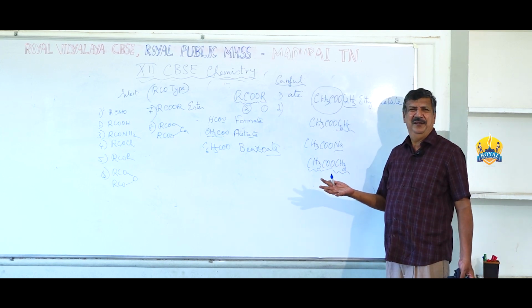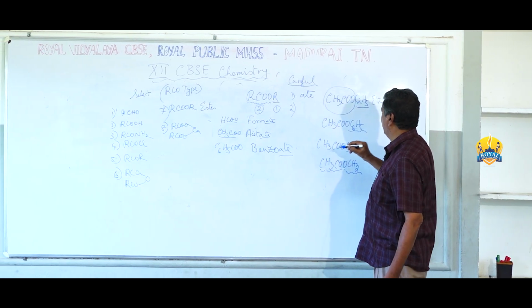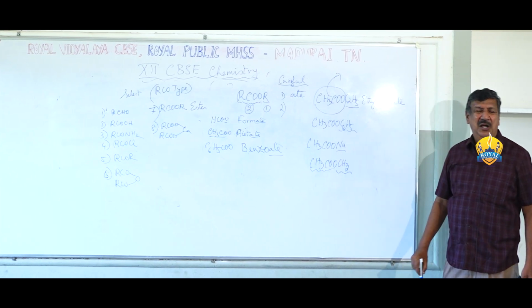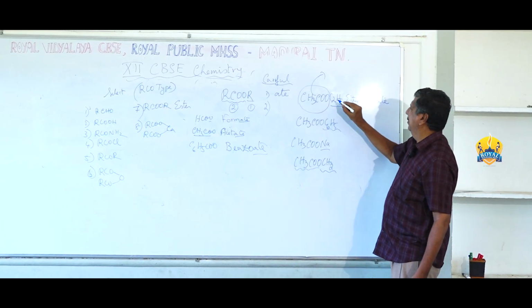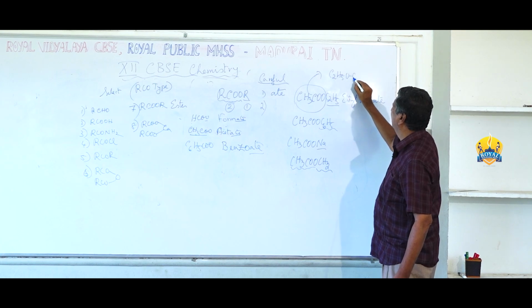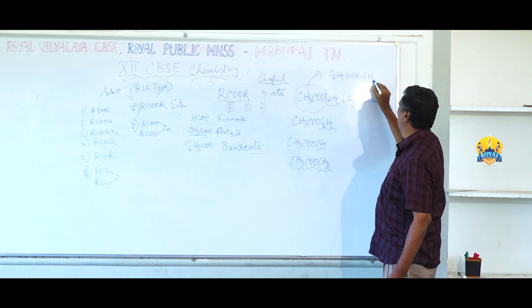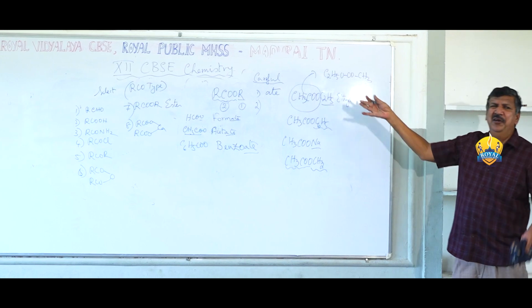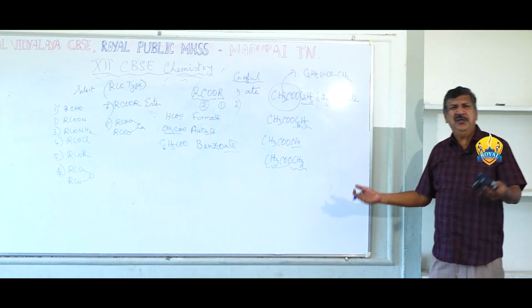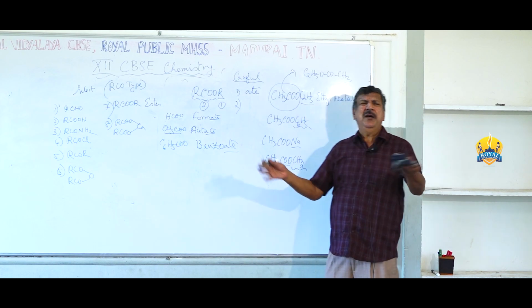In some books, they write the ester like this. I don't like this. How do they write? You see, this formula is written like this. Actually it doesn't look like an ester. Then what you have to do? You have to learn it by heart.